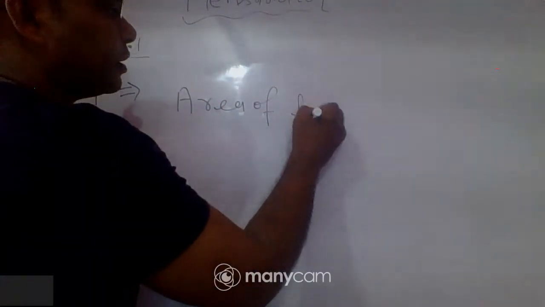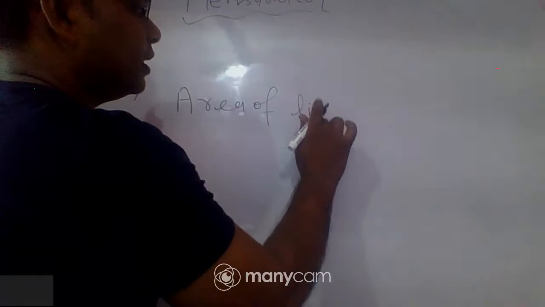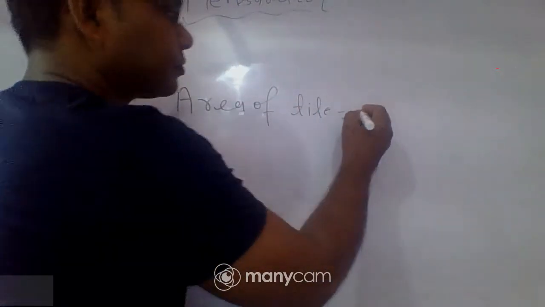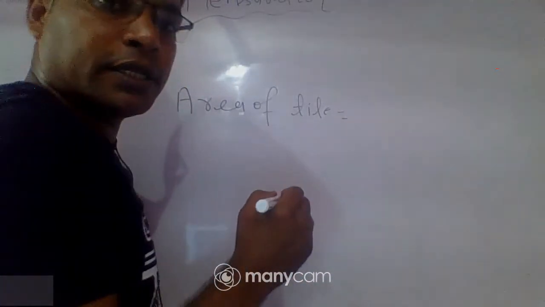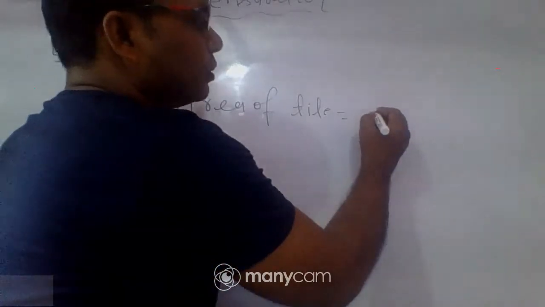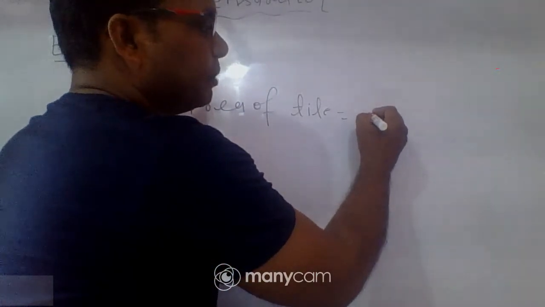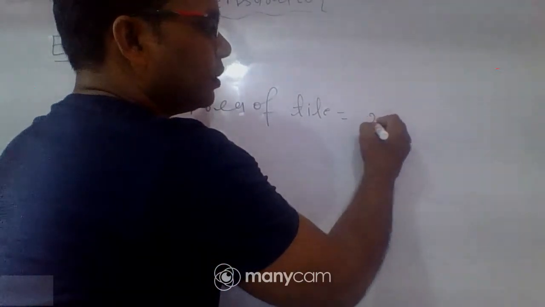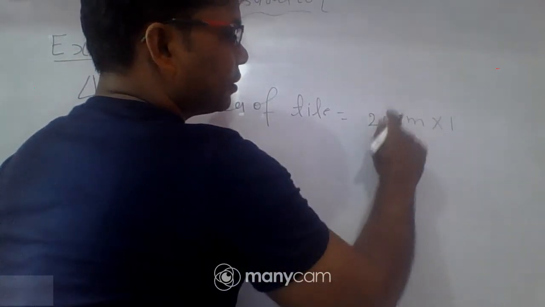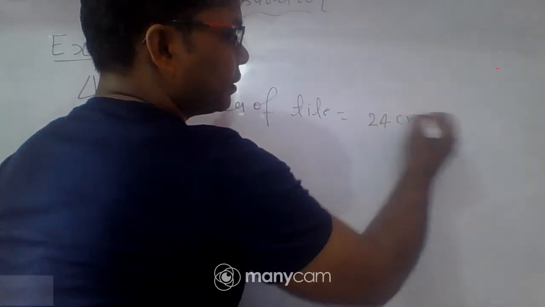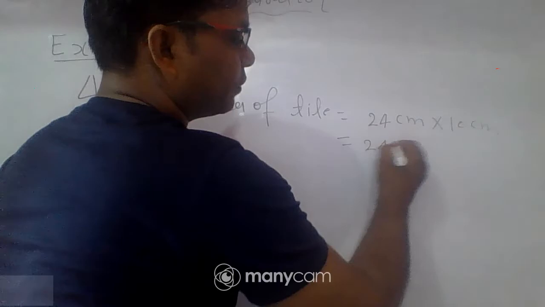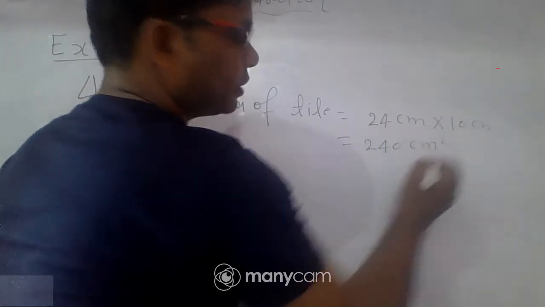Now the area of the flooring tile. Area of the tile is equal to, the tile is in the shape of a parallelogram, so base into corresponding height. Base is given 24 centimeter. Height is given 10 centimeter.